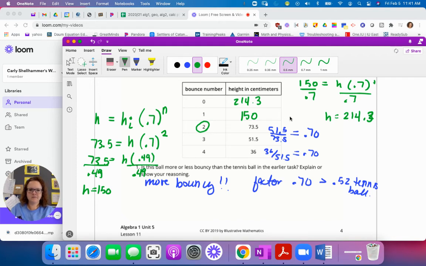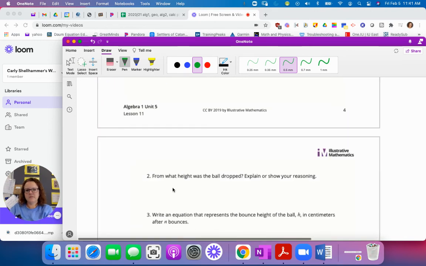Okay? And we used the equation that we came up with. So my height is height initial times 0.7 raised to the n. And actually this would be n minus 1, but that's okay.